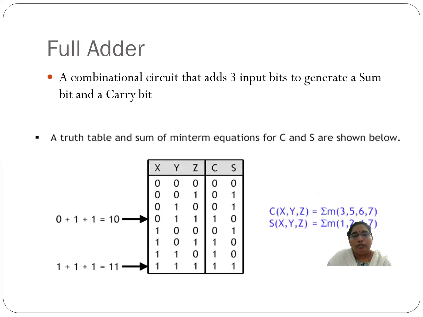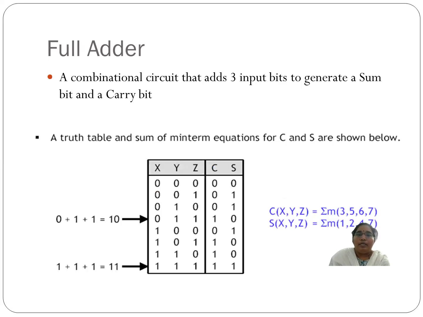But in order to perform the arithmetic addition that we discussed earlier, when we are adding 2 bits of information, we are getting a carry also. And we need to add 2 bits of information along with the carry. That is why this half adder is not sufficient for implementing arithmetic addition.